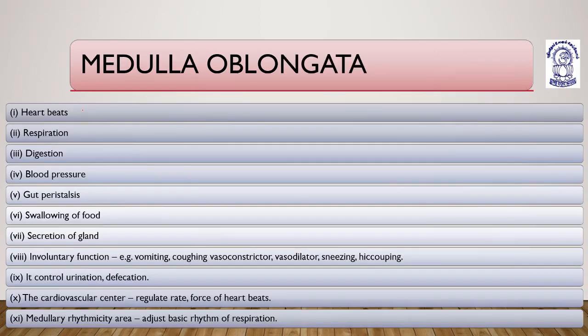The functions of the medulla oblongata: it is a center for heartbeat, respiration, digestion, blood pressure, gut peristalsis, swallowing of food, that is deglutition, and secretion of glands.